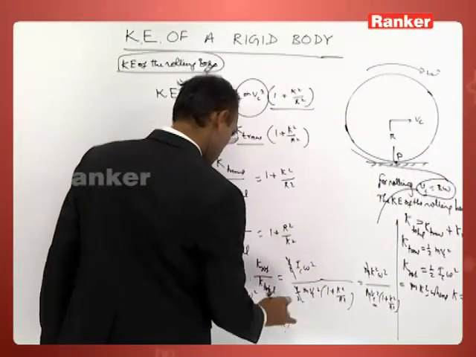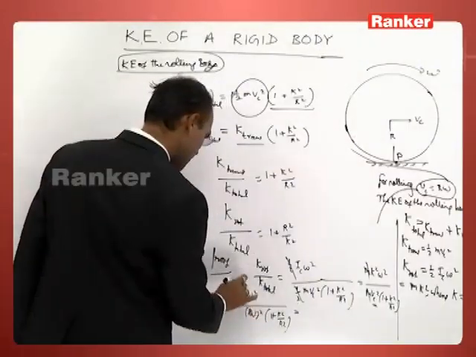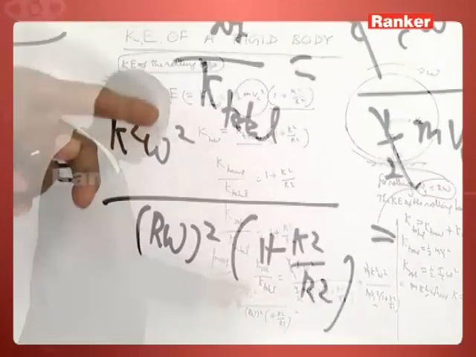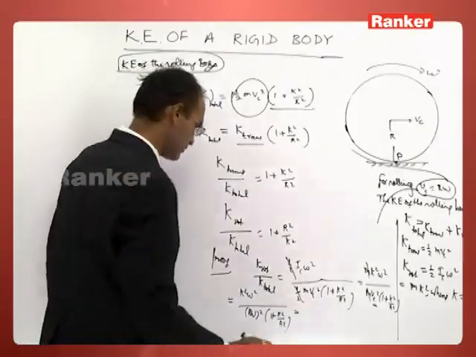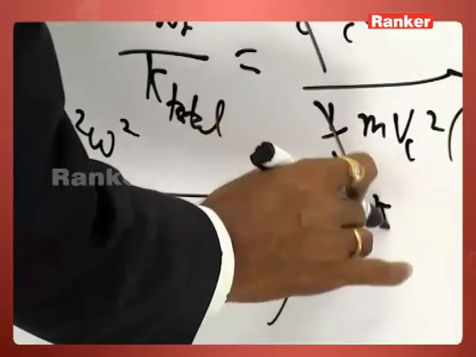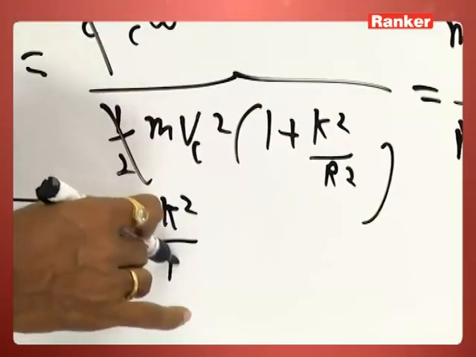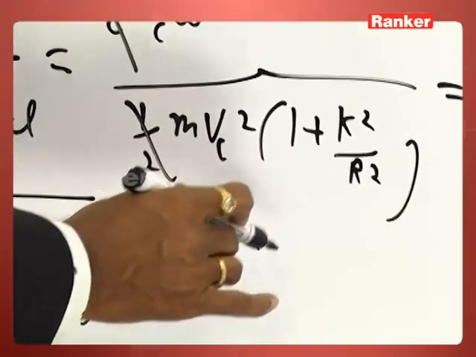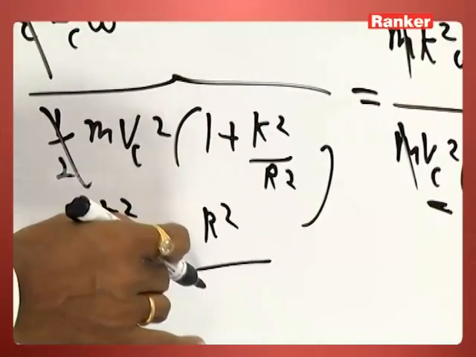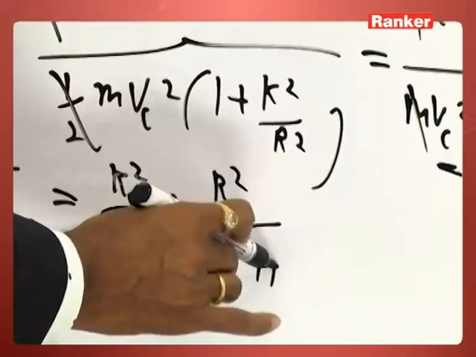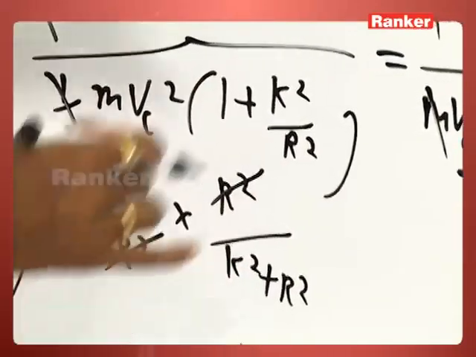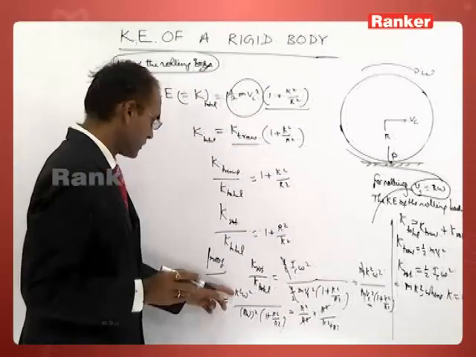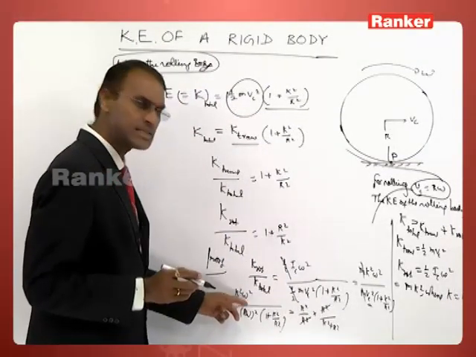So you are getting this term after cancelling omega square in numerator and denominator, k square by r square into r square by k square plus r square. R square will be getting cancelled. So omega square will be getting cancelled.